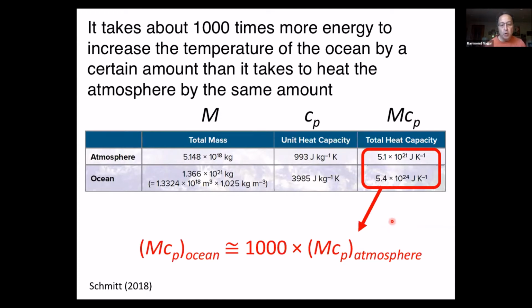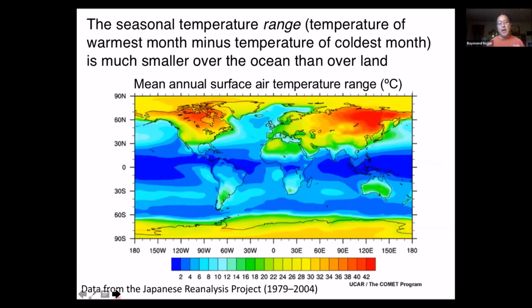So if you wanted to heat the ocean 1 degree C or 2 degrees Fahrenheit, it would take 1,000 times more energy than it would to heat the whole atmosphere that amount. So there's an enormous capacity for the ocean to absorb heat without warming up very much. It's really a good thing, and it's sort of our friend in many ways when it comes to climate change.